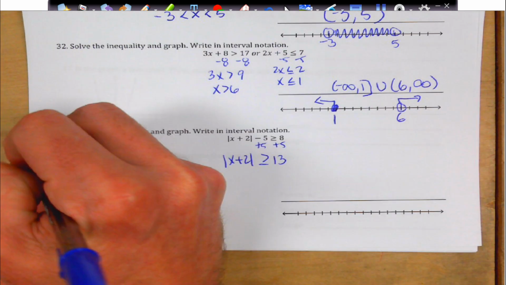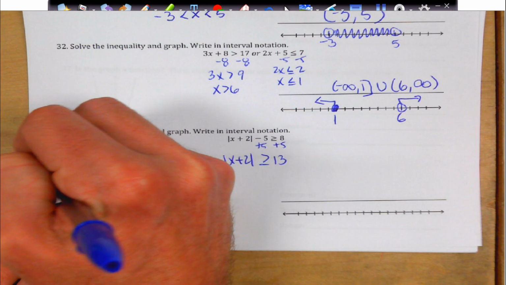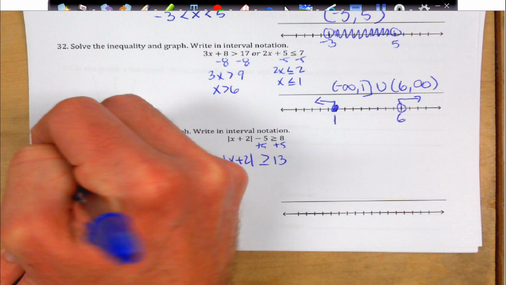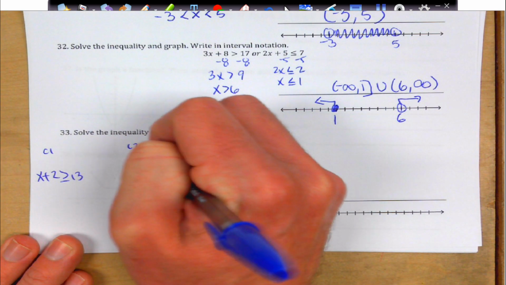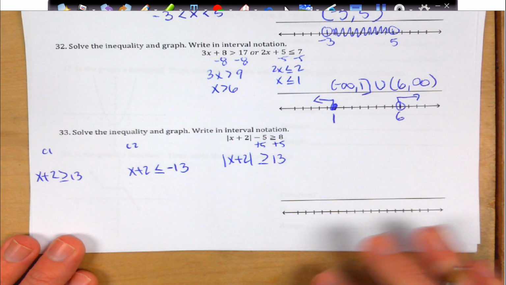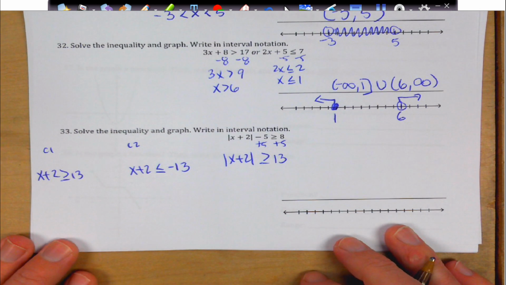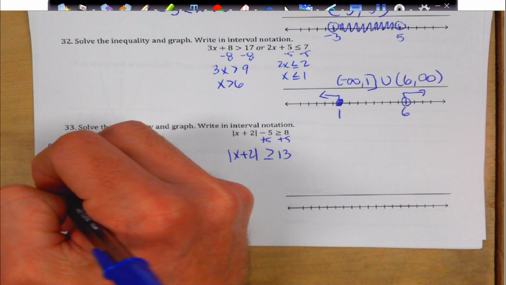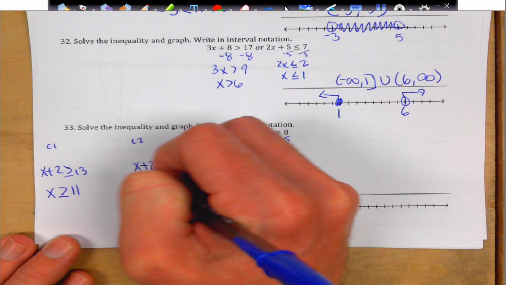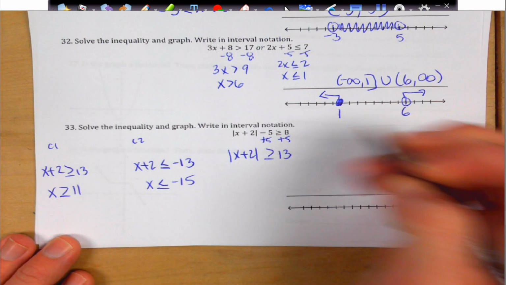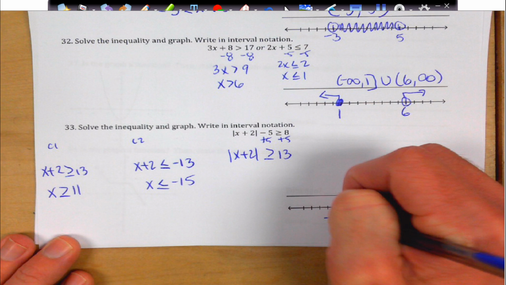We do the same equation for the first case, and then case 2, we do the same equation, except we flip the sign and change the positive to a negative value. Okay, and then we subtract the 2, we get x is greater than or equal to 11. Over here, x is less than or equal to -15. So we get our 2 values, -15 and 11.